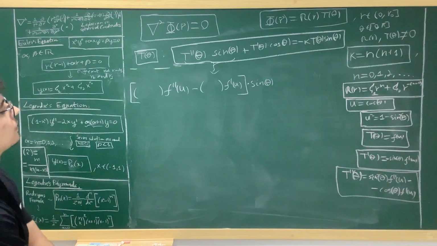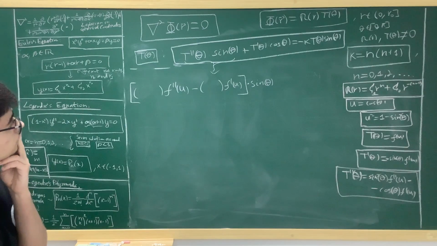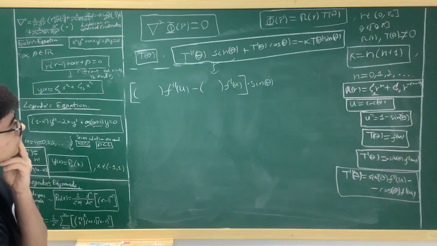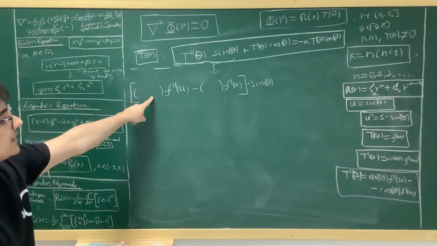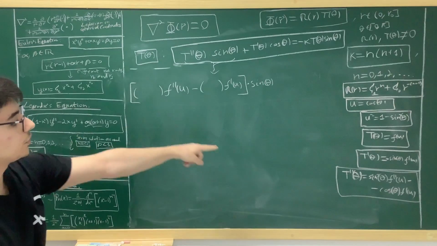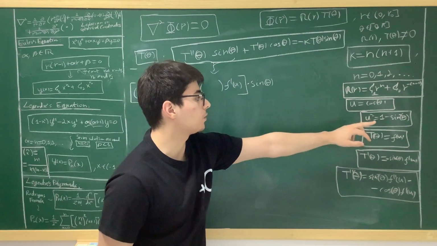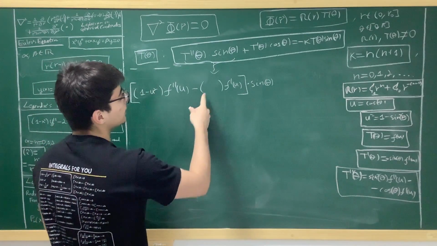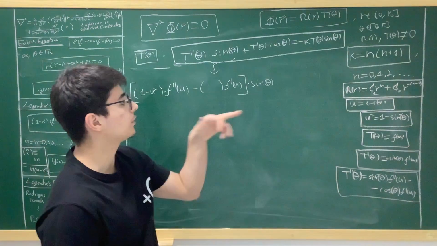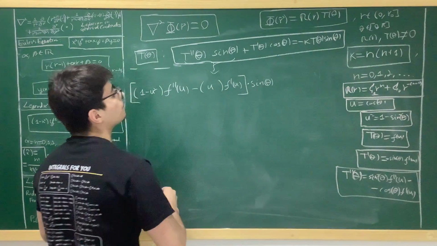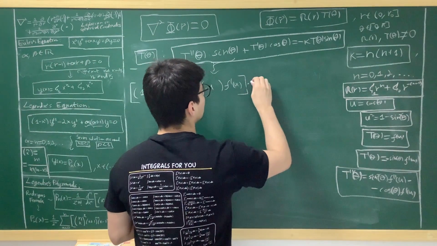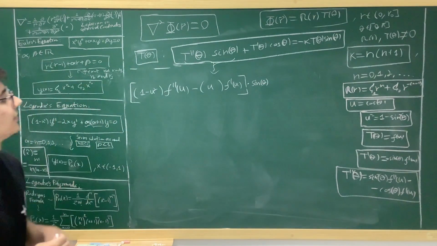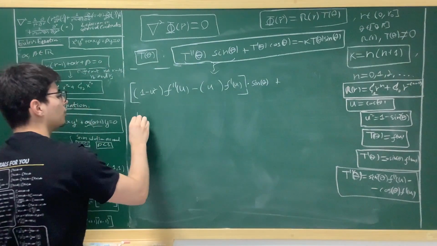So okay, what we have now is that, instead of sine squared, what we're going to write is 1 minus u squared. So 1 minus u squared. And here, instead of our cosine, we're going to write just u. And instead of sine, well, let me just keep writing sine here. You see why? I think.